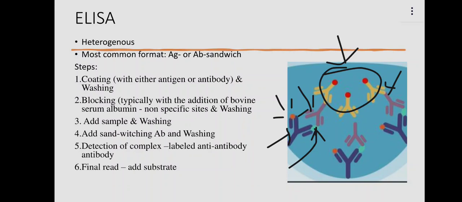So the rate of this change or the quantity of this change within a specific time then is an indicator of the activity or of the concentration of the substance.